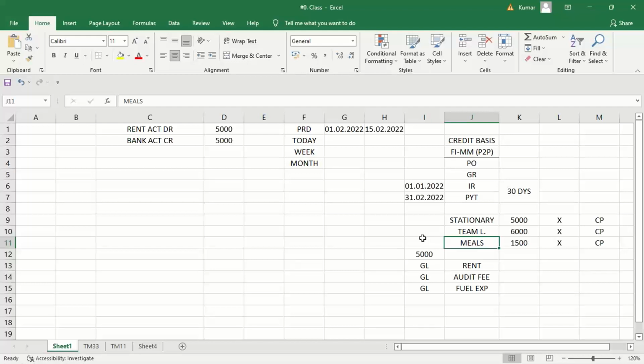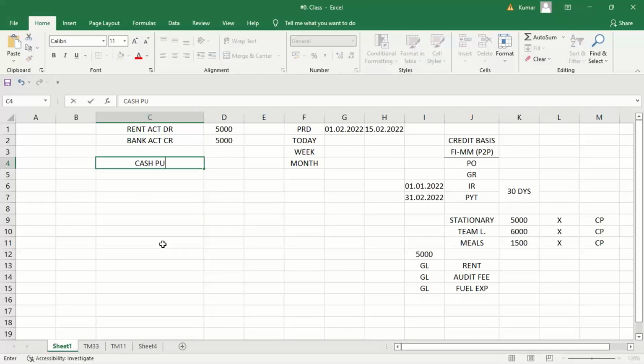So likewise, multiple GLs are there. In that case, what happened? In order to avoid hundreds of such GLs, guys, let's suppose we create a GL called cash purchase.